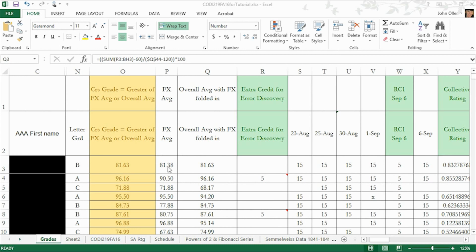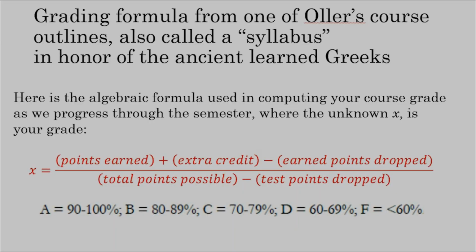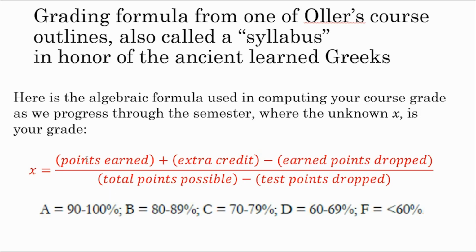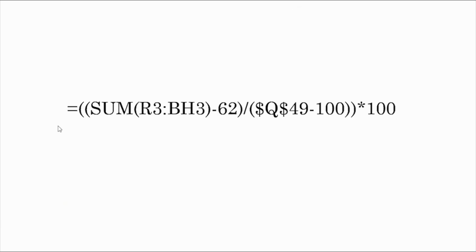A crucial part of this spreadsheet is this portion right here. If you look to this element, you see a formula up here that expresses the mathematics of this formula right here. So we've got to translate that into the language of good old Excel. So it would look something like this. We start in column R and go all the way over to column BH.